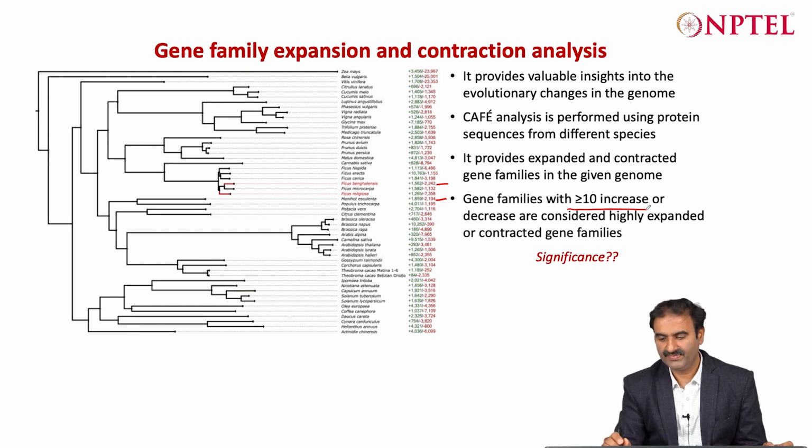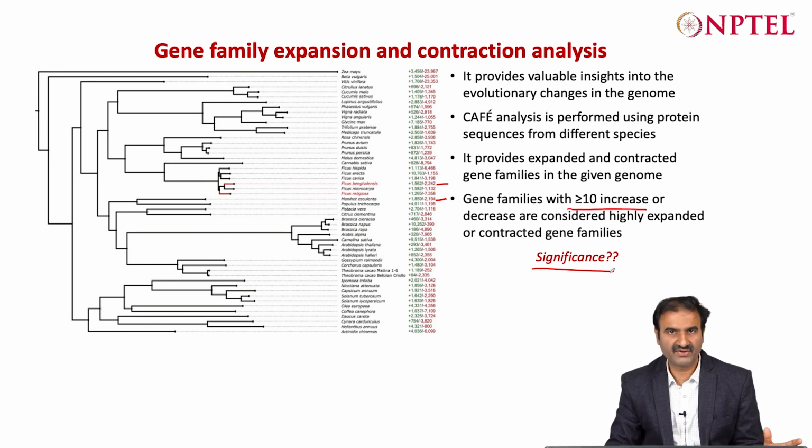We have already discussed the significance of this. It can tell what functions got expanded, and then you can imply that those functions could be more important for the functioning of that species, or for its survival, giving some kind of advantage to that organism to survive in that environment.